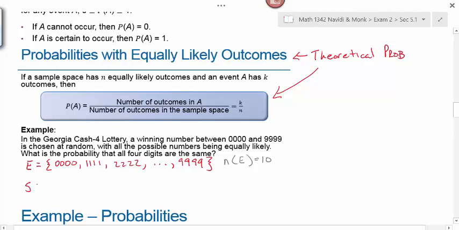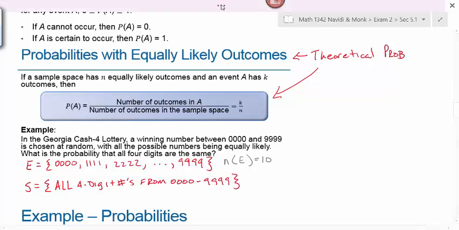Our sample space consists of all 4-digit numbers from 0000 to 9999. How many elements are in our sample space? This goes from 0000 to 0001, 0002, all the way up to 9999. 10,000, right, a whole bunch of them. Because we've got from 1 to 9,999 plus the 0 makes it 10,000.